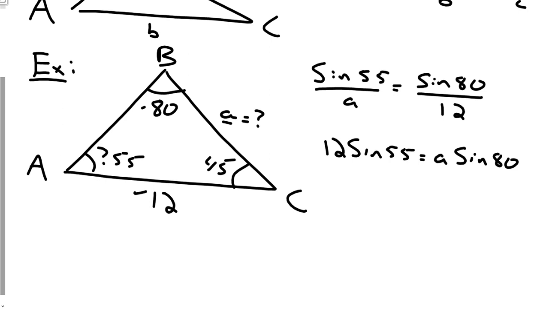If you want, you can do it in a couple steps. So you go 12 times sine 55. Make sure your calculator's in degrees, or it has a D or DEG on the screen. If it has an R or RAD or a G and it says grad or something like that, you just have to change it.